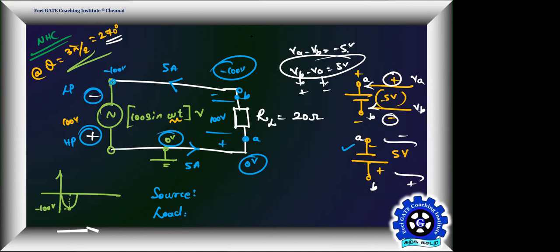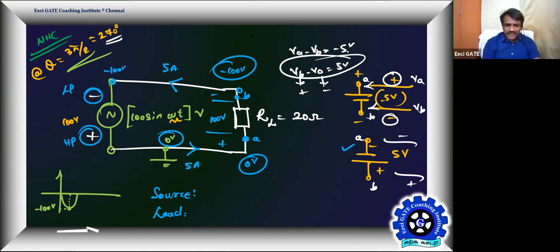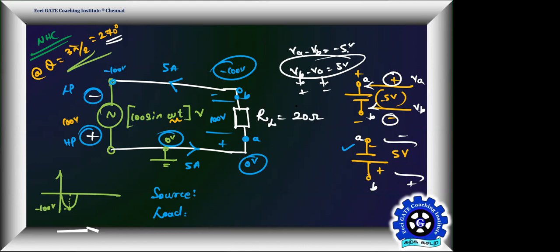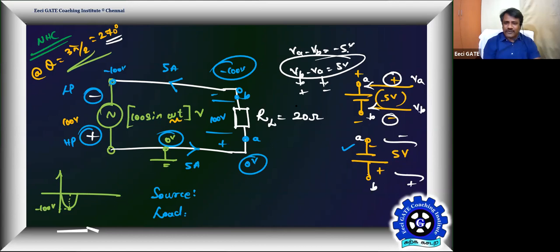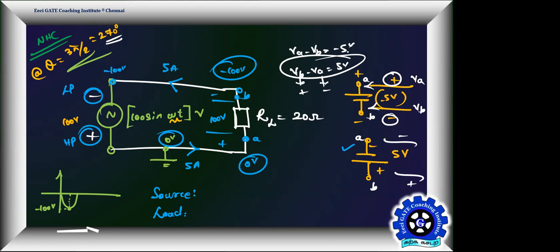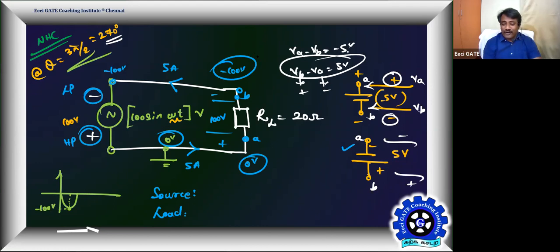Okay, let me get confirmation from Anandi. Sir, source is delivering, and the resistor is absorbing. A load resistor cannot deliver. No, we should not go by that. We know that a resistor should not deliver, but we should not decide based on that.